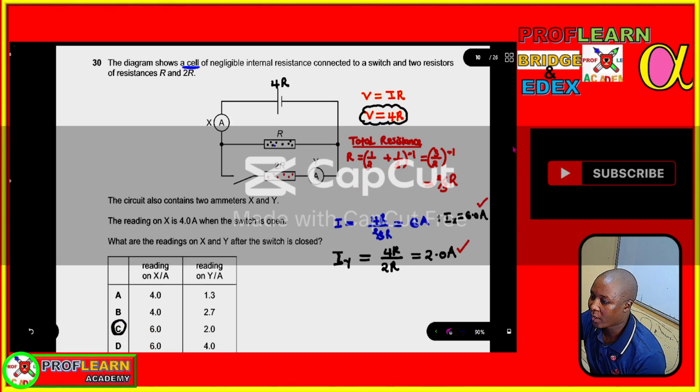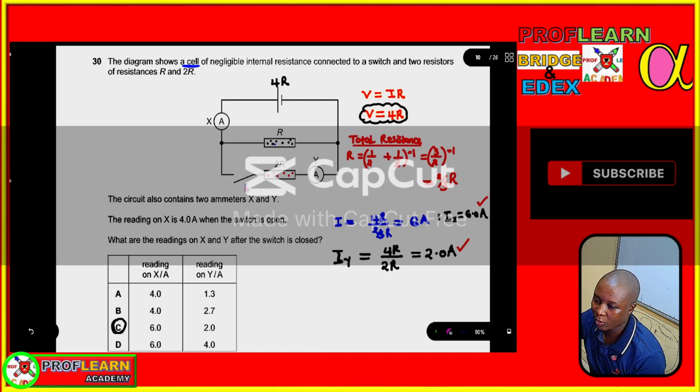Now, once the switch is closed, we are going to have two resistors in parallel. So we say 1/1 plus 1/2, because this is R, like 1R, and this is 2R. Then the total resistance is 2/3 ohms in the entire circuit.